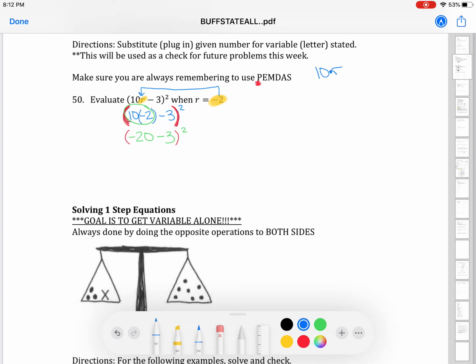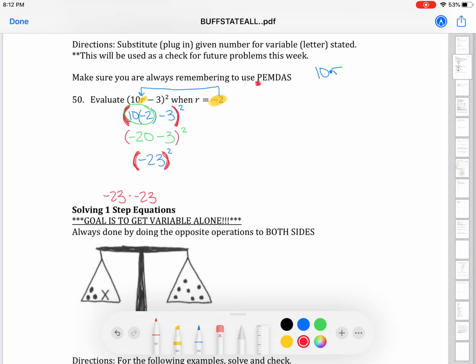Okay, now I'm still not even done with my P parentheses step in PEMDAS, so I need to finish that off by doing what's inside of the parentheses again. -20 minus 3 is a -23, and that's being squared. Not sure if you remember from the previous video, but if you plug it in like so into your calculator, which I imagine many of us have to plug in what -23 squared is, if you plug it in with the negative without parentheses around it, it will give you the wrong answer.